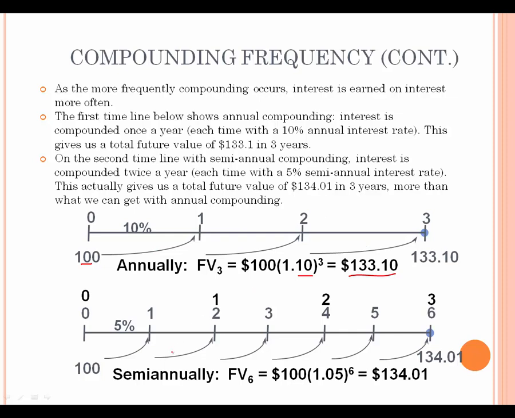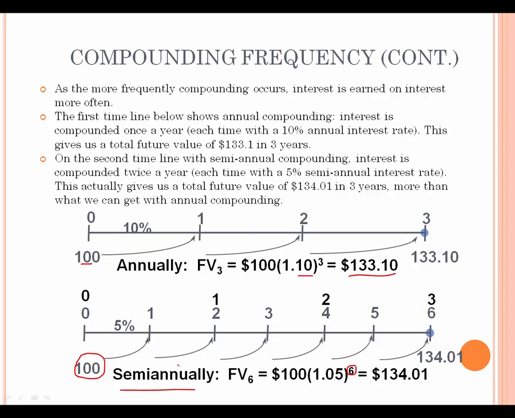But if we follow the so-called semi-annual compounding for the same $100 in 3 years, or twice a year, then the whole 3 years means 6 times of compounding. 6 is 3 multiplied by 2.